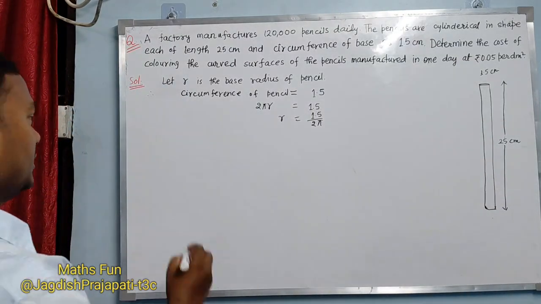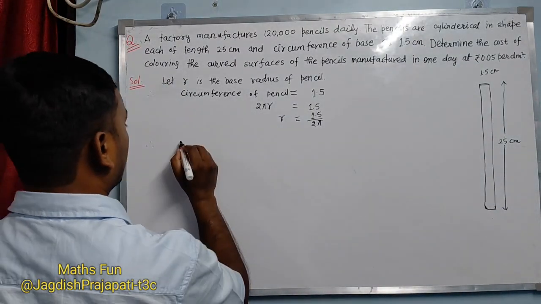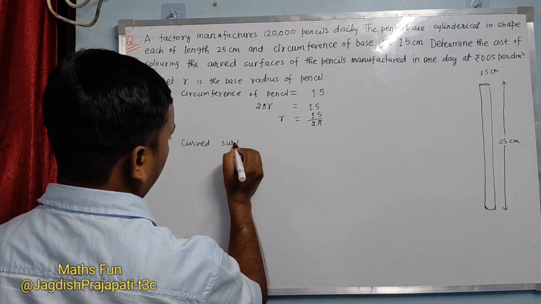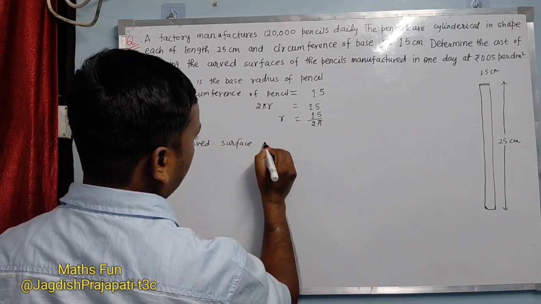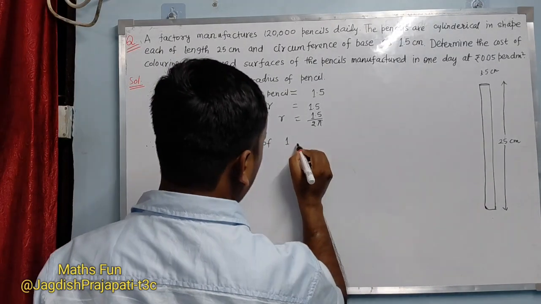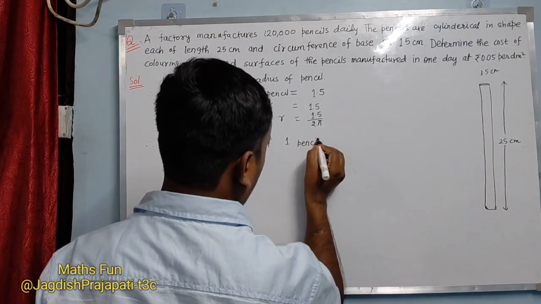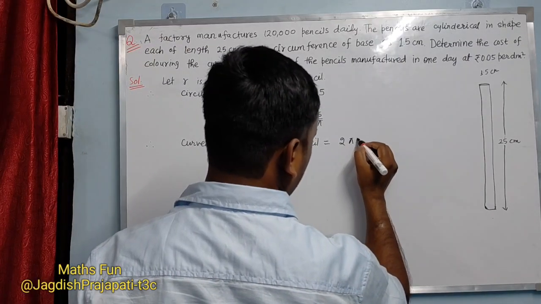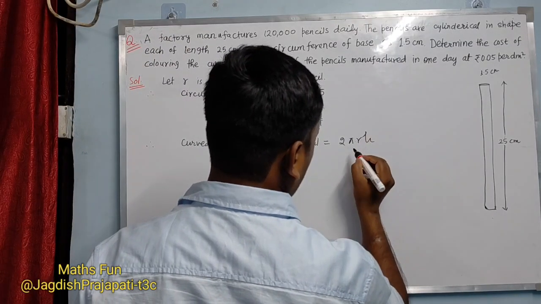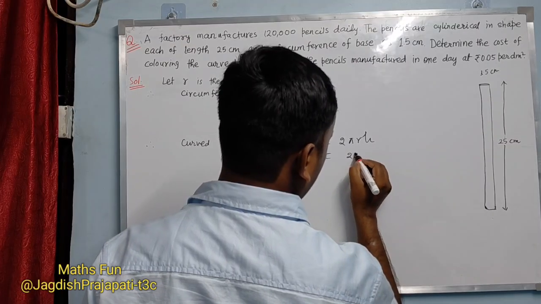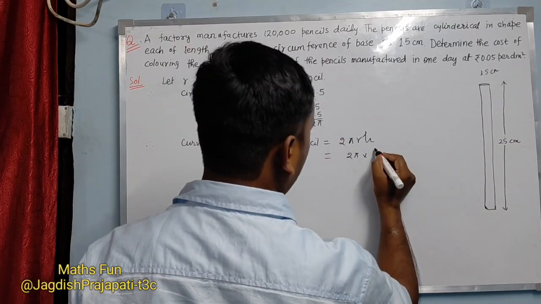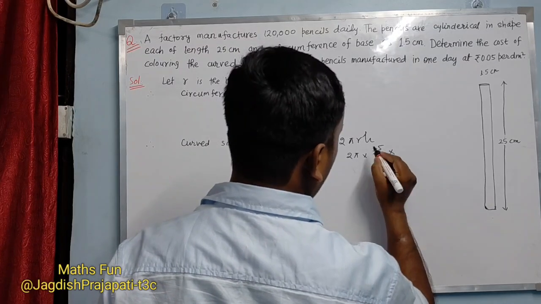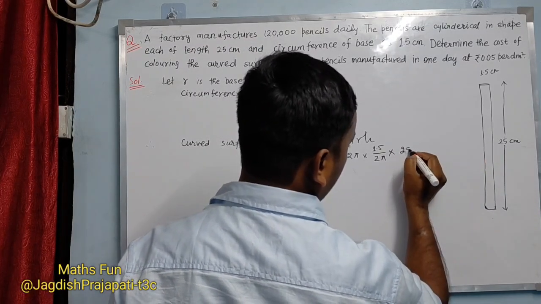Therefore the curved surface of one pencil will be 2 pi r h. 2 pi r is 1.5 by 2 pi into h, which is 25.